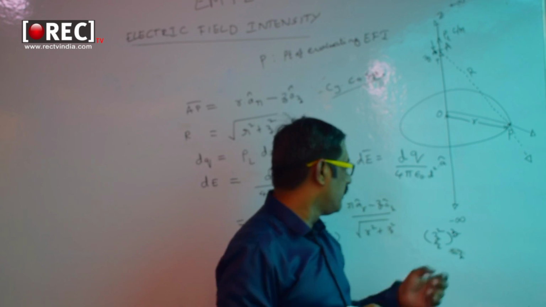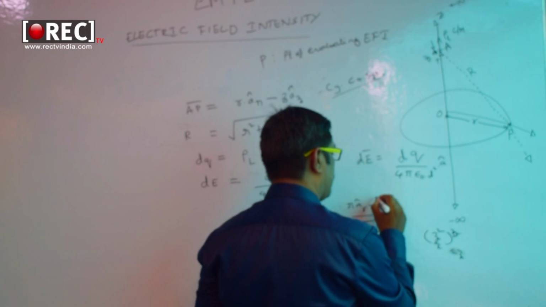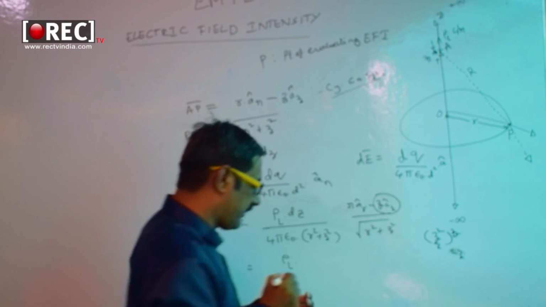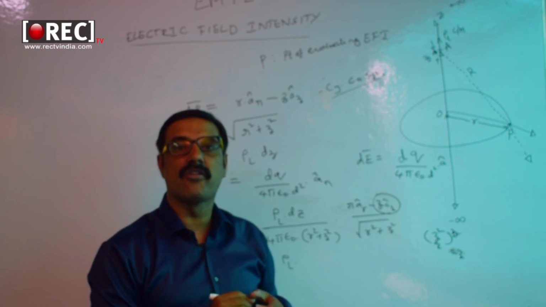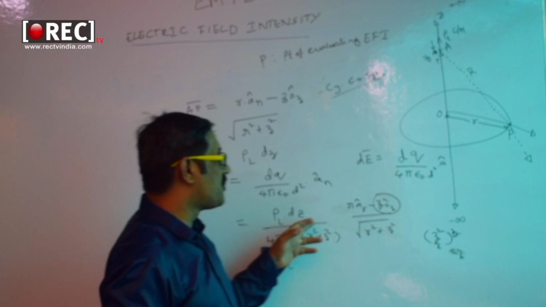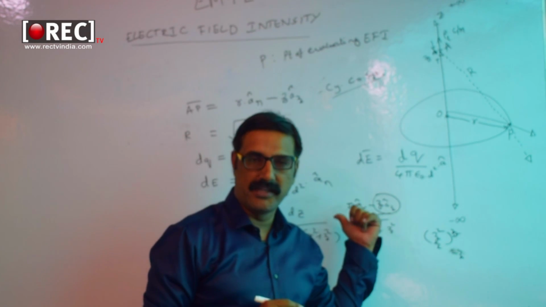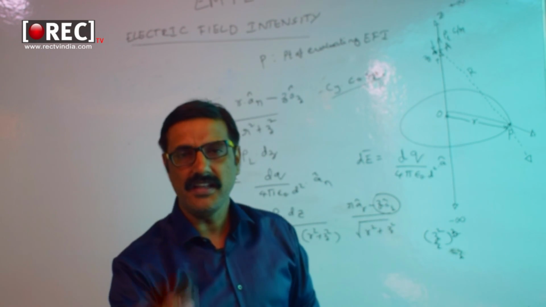So for that reason we need not consider this Z into AZ. So this Z AZ cap term can be neglected on the pretext that after integration it will be becoming 0 because of the substitution of the limits.